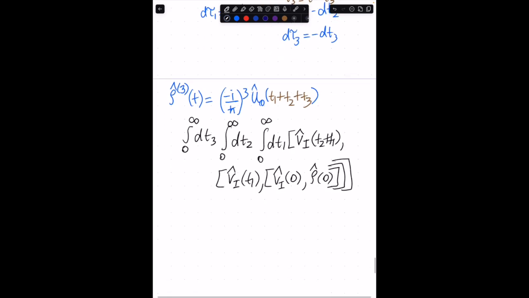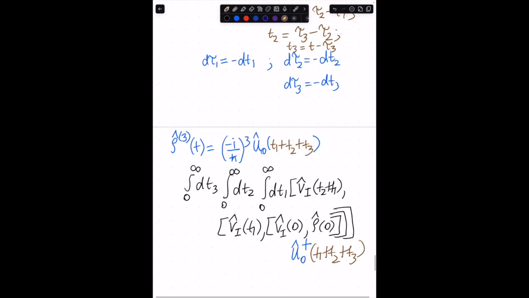And of course, I shall not forget at this time the Hermitian conjugate of the time evolution operator with respect to the matter system. So this is what you get.